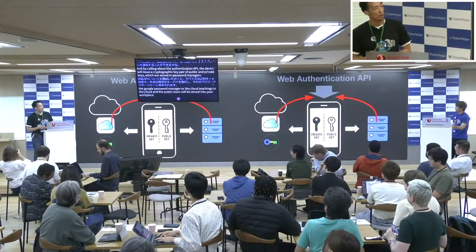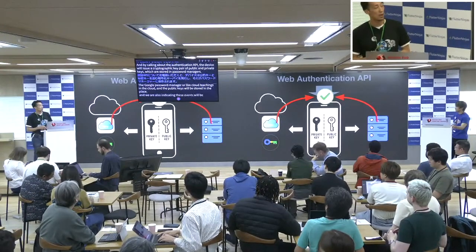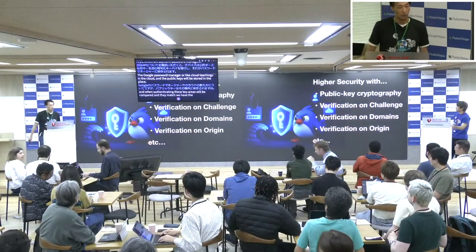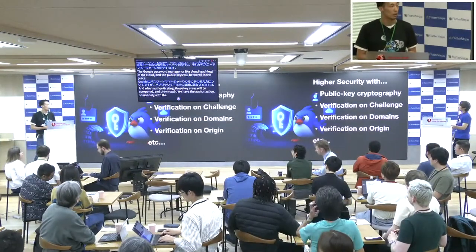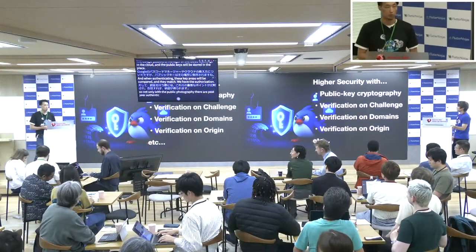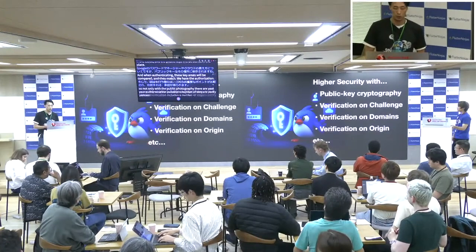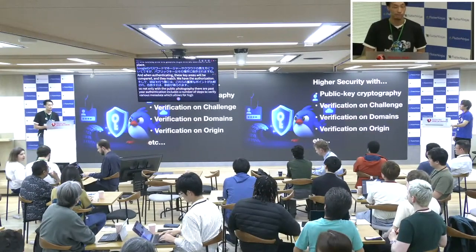When authenticating, these key pairs will be compared, and if they match, we have authentication. Not only the public key cryptography, the passkey authentication includes a number of steps to verify various metadata, which allows for higher security.